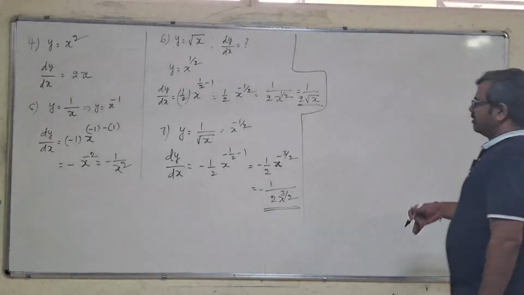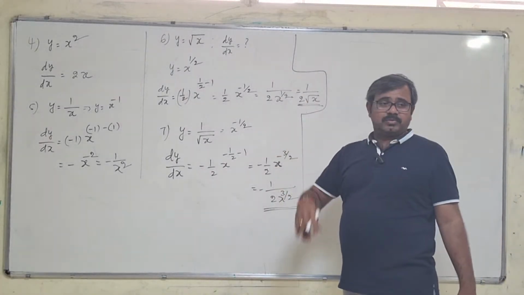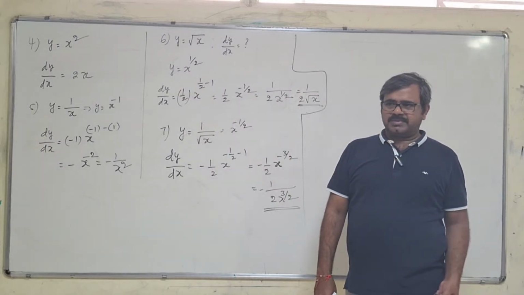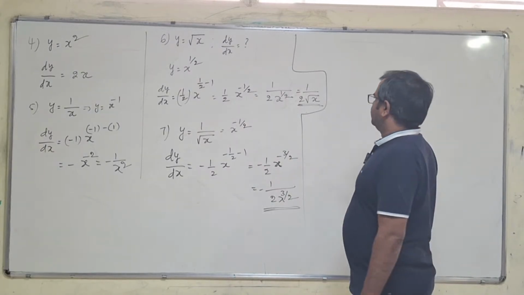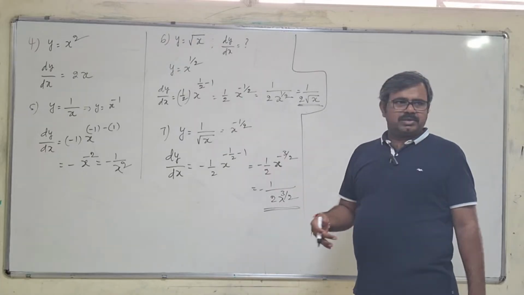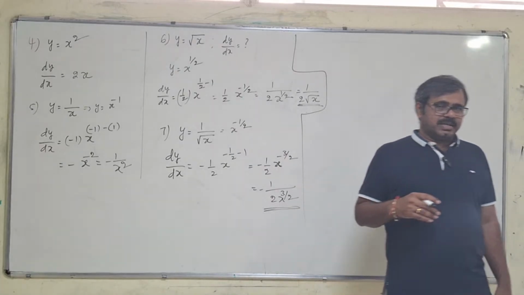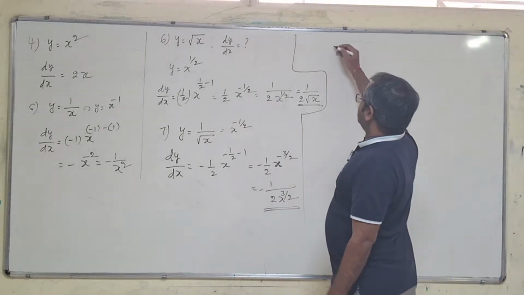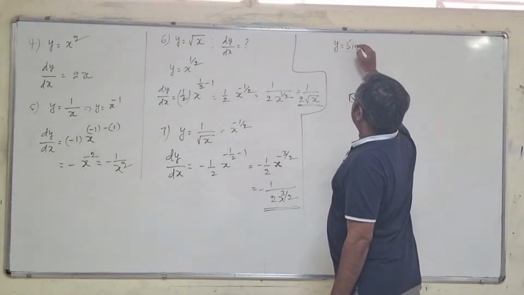So like this we can apply that formula. What formula is that? dy by dx is equal to n into x power n minus 1. Okay. Now similarly we can write derivatives of trigonometric functions also. y is equal to sin x.